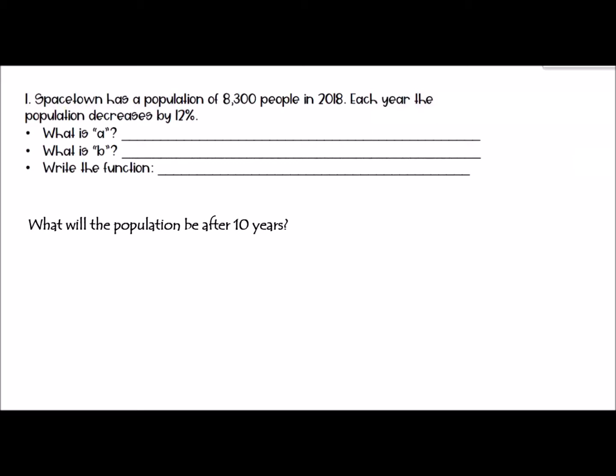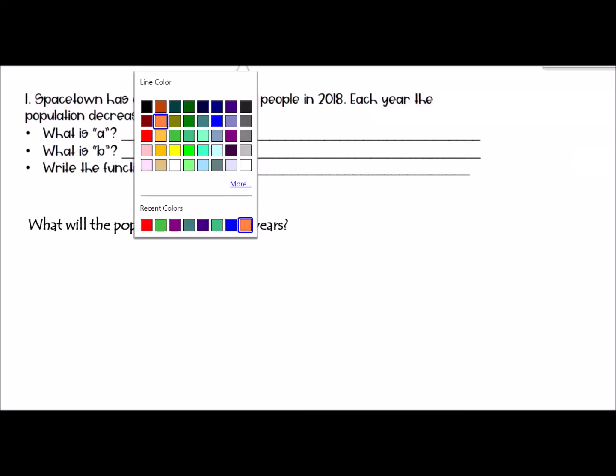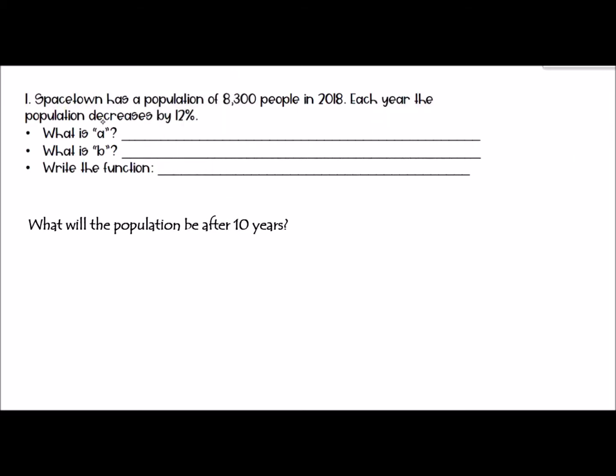Spacetown has a population of 8,300 people in 2018. Each year, the population decreases by 12%. So reading that right away, the first thing that pops up to me is this word right here, decreases. So that's going to mean we're doing decay, right?